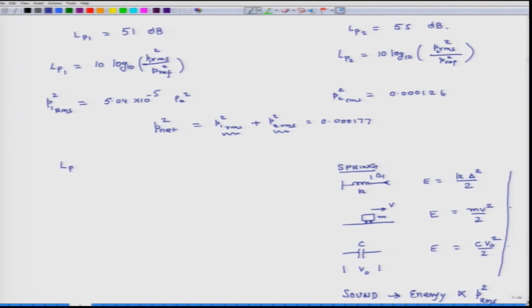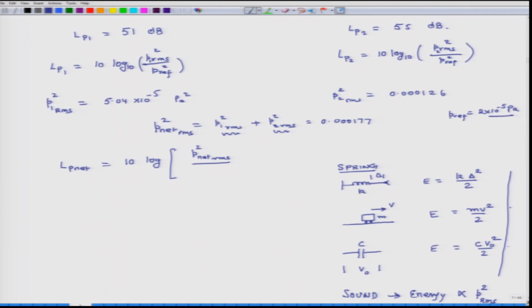So, LP net is equal to 10 log of P net RMS square over P reference square, and by the way, what was P reference? 2 times 10 to the power of minus 5 Pascals.